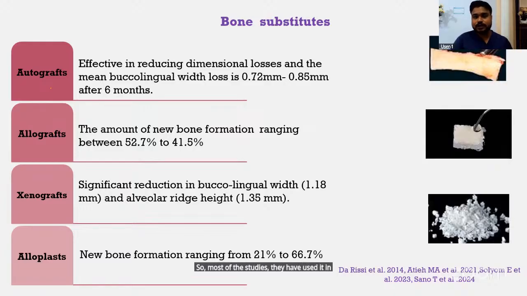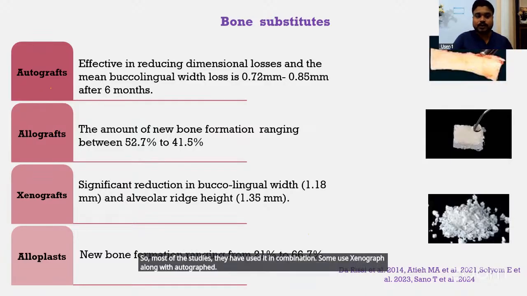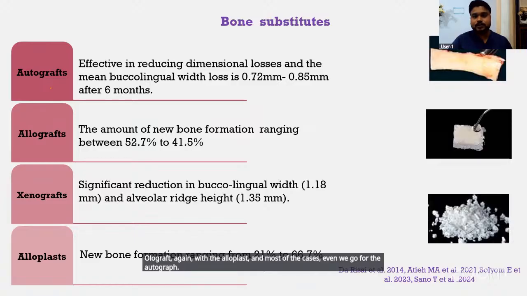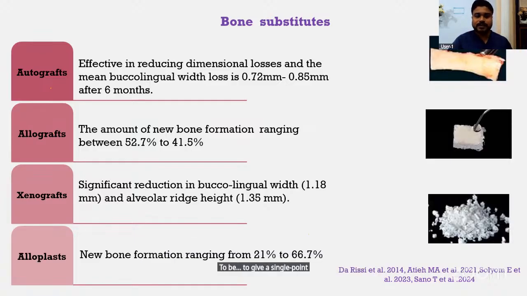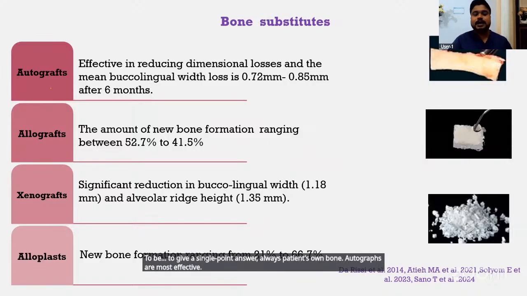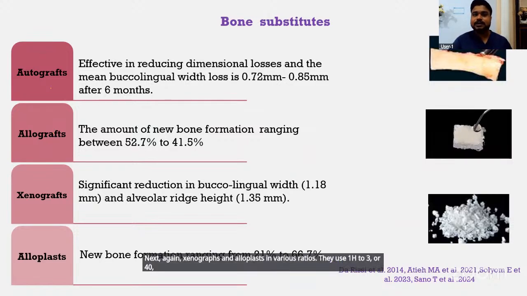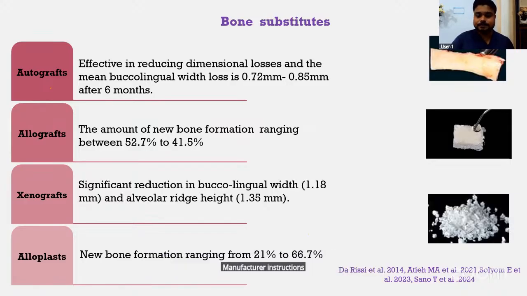Some use xenograft along with autograft, allograft again with the alloplast, and in most of the cases we even go for the autograft. To give a single point answer, always the patient's own bone autografts are most effective. Next, again xenografts and alloplast in various ratios they use, 1:3 or 40:60. It depends upon the clinician and the manufacturer instructions in some cases.